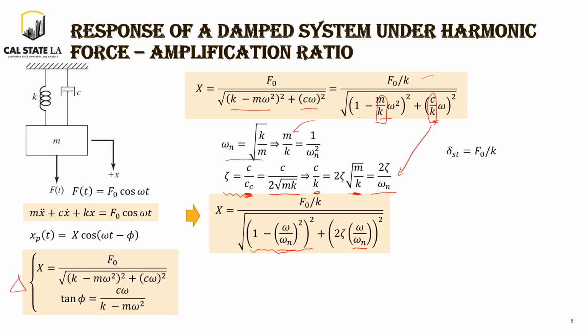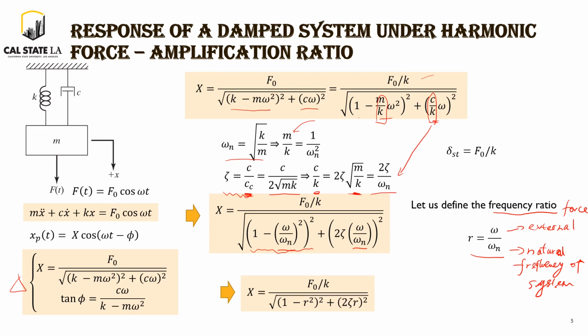We know that both of the two terms have omega over omega n, so we're going to further define the frequency ratio. The frequency ratio r is equal to omega over omega n, where omega is the frequency of the external force, and omega n is the natural frequency of the system. And we can further simplify it. X becomes f0 over k over the square root of (1 minus r squared) squared plus (2 zeta r) squared.